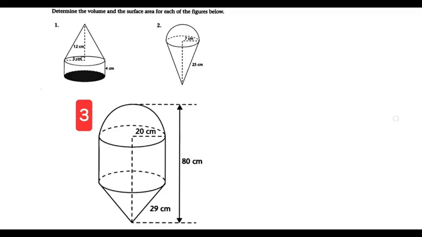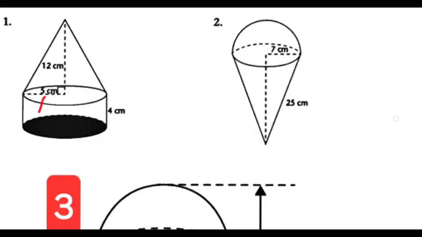So first volume. So the radius is 5 and this is the height of the cylinder and this is the perpendicular height of the cone because this is 90 degree. Now, so we need to find the volume of this object. You can find the separate volume of each shape and then you can add, or you can add one time. Either way the answer is going to be same.